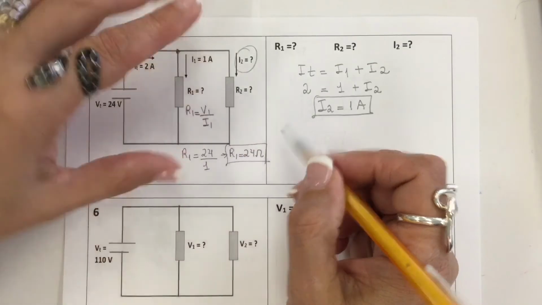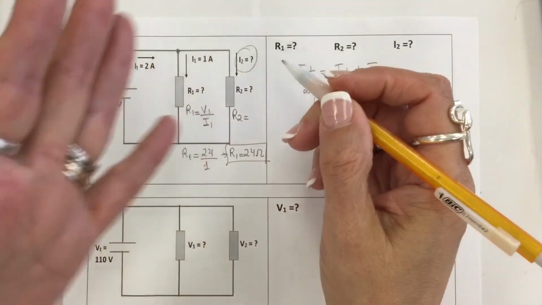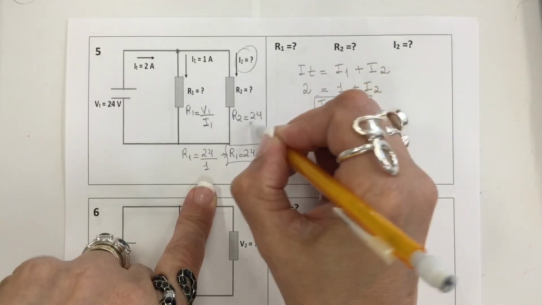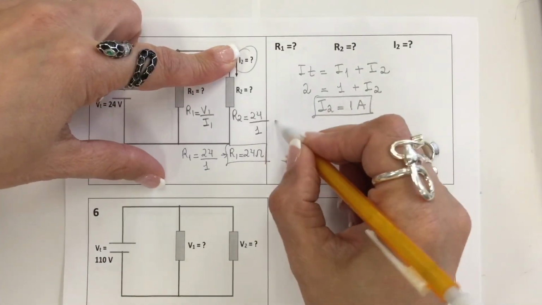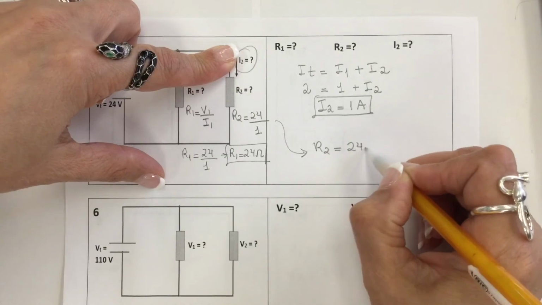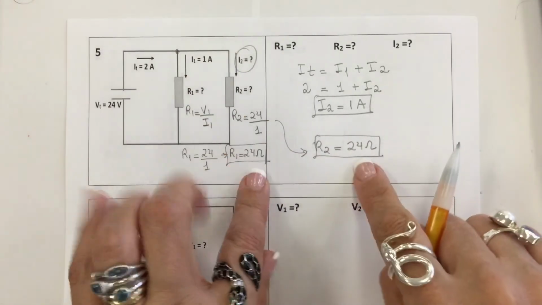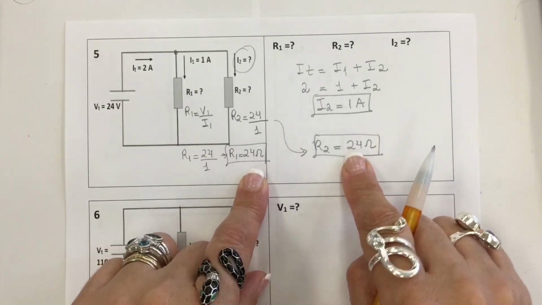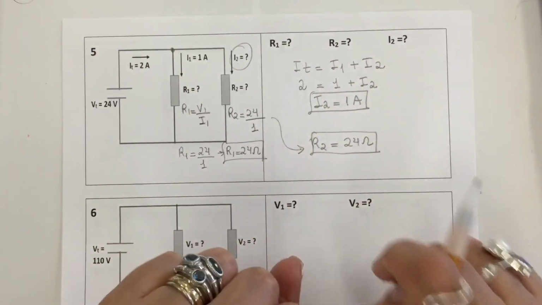My R2 is the same approach. It's Ohm's law, which is 24 over I2, which is 1, and my R2 is also 24 ohms. So both resistors are the same, 24 ohms, and the current I2 here is 1 amp.